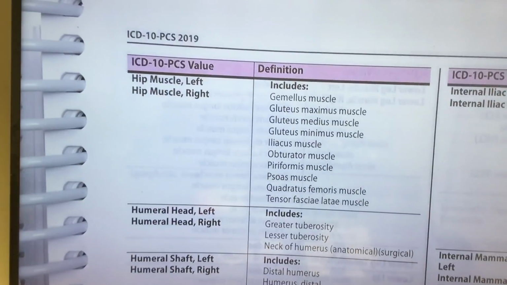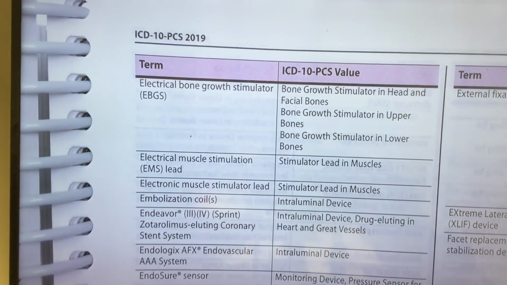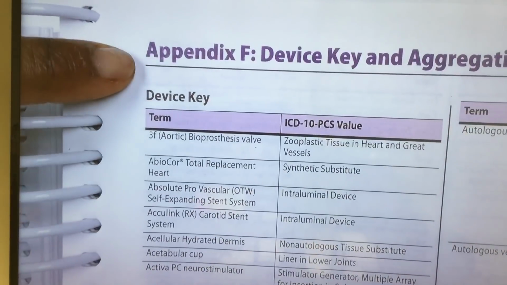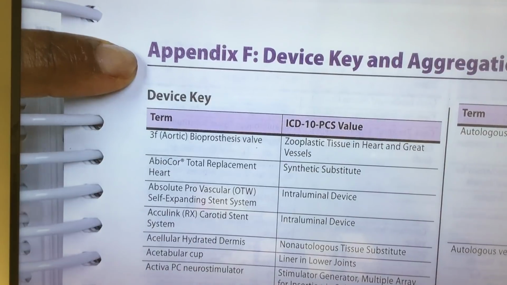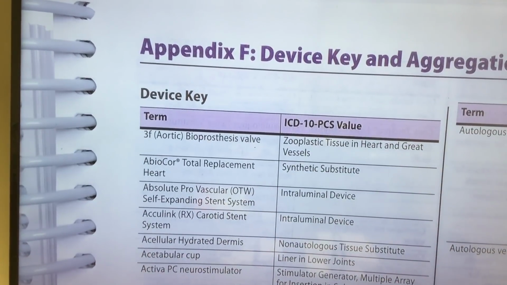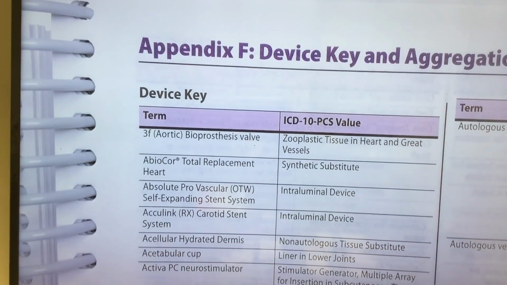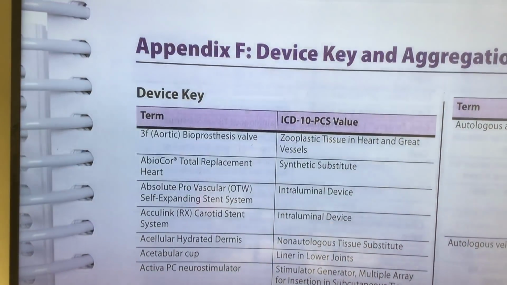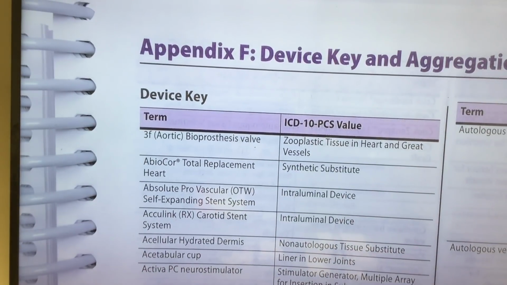Okay, after that, let's see what else we got. Appendix F, device key and aggregation table. Now, this is going to be important because in some of your procedures, the doctor's going to insert a device. And so you'll want to know how PCS defines a device. One thing you'll want to know about this device key is it does not give you all of the devices out there.